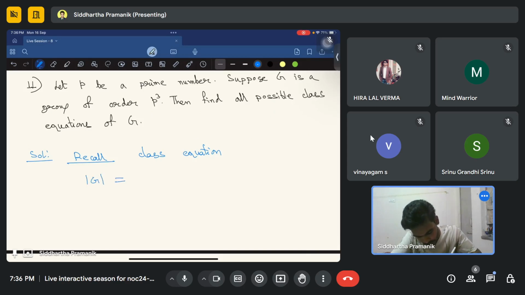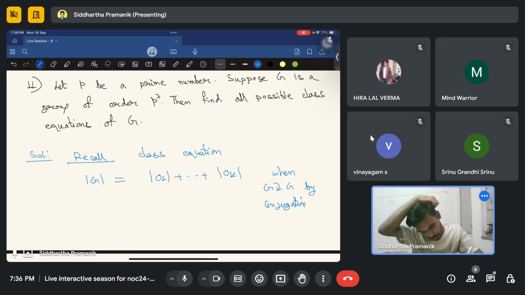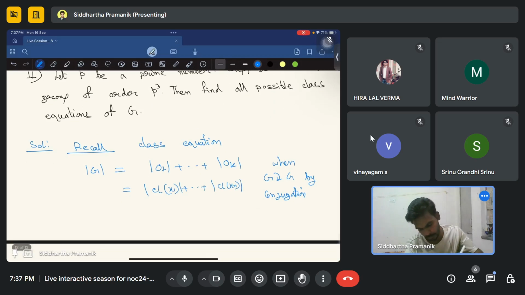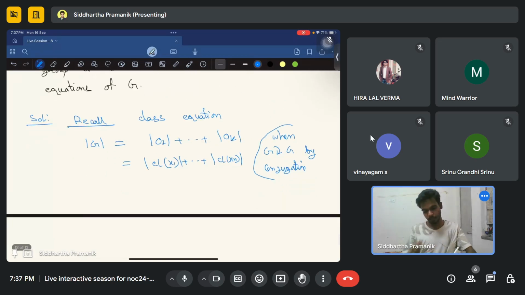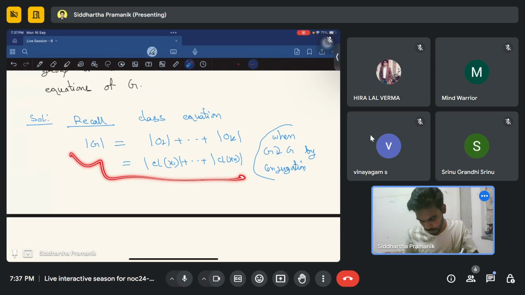When G acts on itself by conjugation, the orbits are basically conjugacy classes. So this is known as the class equation of G.